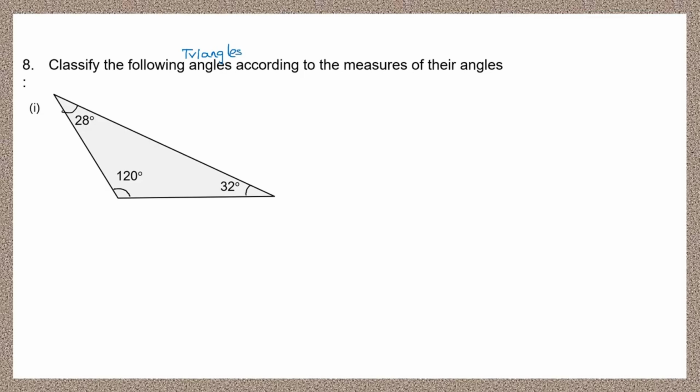Here in question 1, you can see angles 28 degrees, 120 degrees and 32 degrees. If one of the angles is more than 90 degrees, it is an obtuse angle, isn't it? So we have 120 here, which is more than 90 degrees, so we call it an obtuse angled triangle.